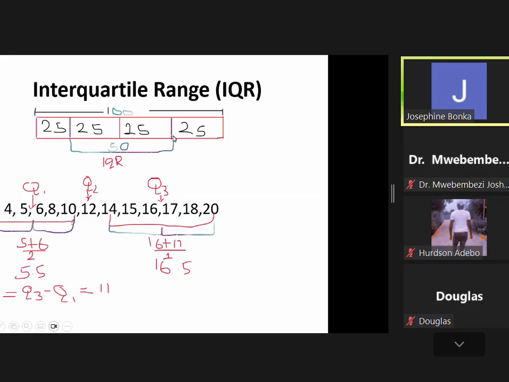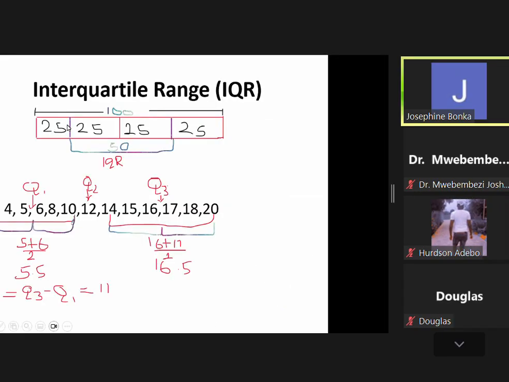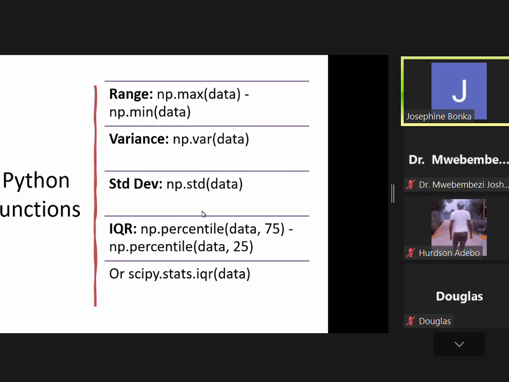So our third quartile is our 75th percentile, and then our first quartile is at 25th percentile. So we have those functions in Python. We don't have to worry about dividing big data.